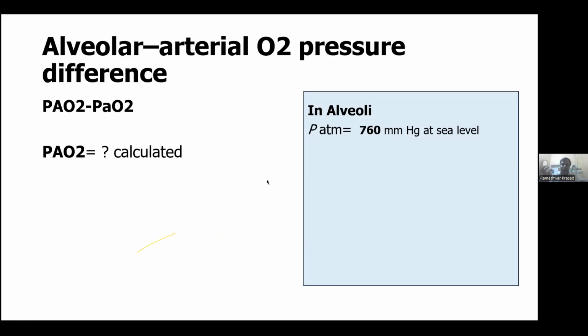At 100% humidity, water vapor itself exerts some pressure and it is equal to 47 mmHg. So you have one parameter, atmospheric pressure, you have a second parameter, water vapor, you have a third parameter, PCO2.